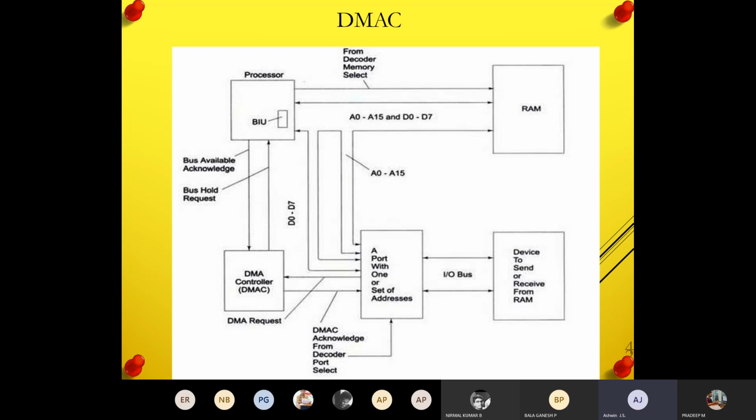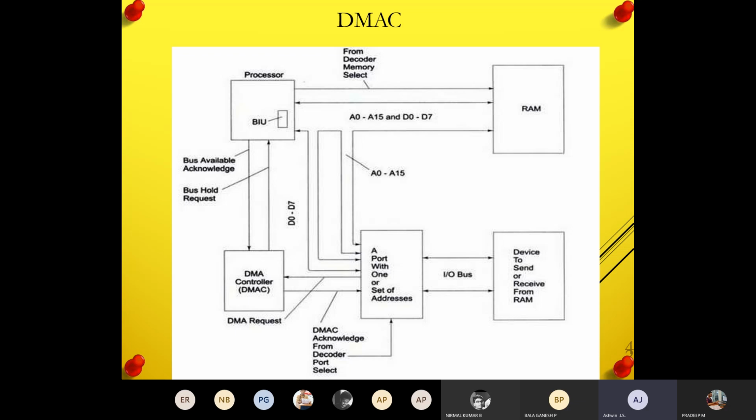That is the port. If I connect any device, that is the device to send or receive from RAM. Here we have the internal RAM, and these are the buses. D0 to D7 is the data bus, A0 to A15 is the address bus, and BIU is the bus interfacing unit, a small box available inside the processor.